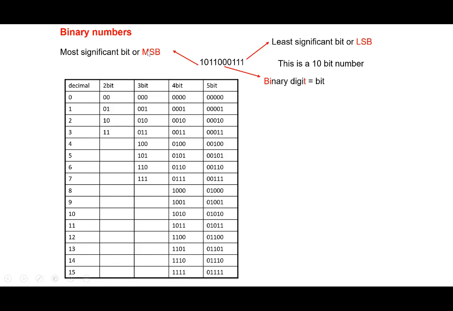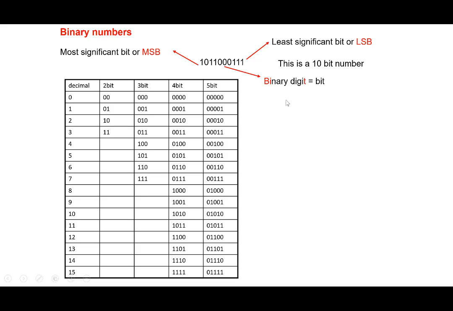Depending on the kind of number that you want to represent, you may need 2 bits or 3 bits or 4 bits or more. A 2-bit number can only represent from 0 to 3. A 3-bit number can represent from 0 to 7. A 4-bit number can represent from 0 to 15. And a 5-bit number and so on can represent a larger number.